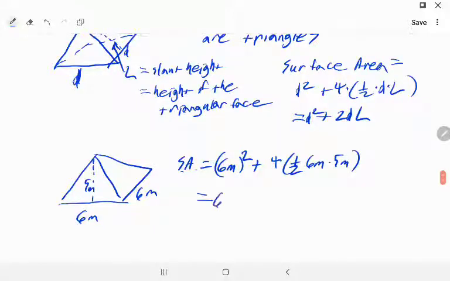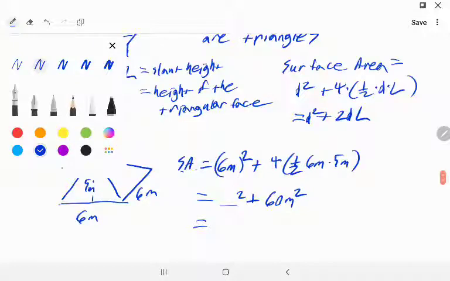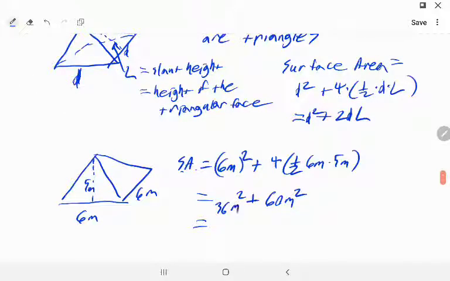And so we get 6 square meters plus 60 square meters, which winds up giving us 66. Why did I say that? If we square 6 meters, we get 36 square meters. So you get 36 square meters, 6 times 6 is 36, plus 60 square meters gives us 96 square meters.